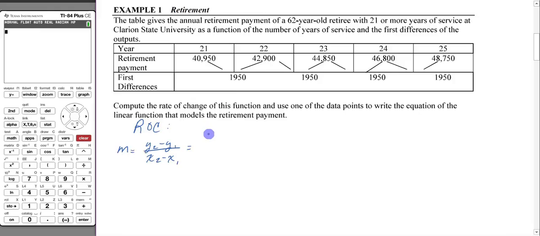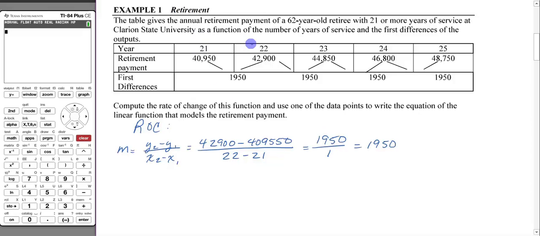So we have 42,900 minus 40,950. I'm just choosing the first 2 points, divided by 22 minus 21. So then we get 1,950 over 1, which is 1,950. That's your slope, or your rate of change.